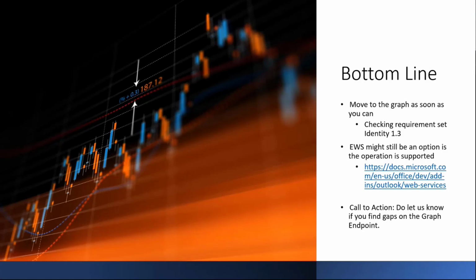For that, obviously, you need to be checking if we have the requirement set Identity 1.3. The easiest way to implement a call to the Graph is to use SSO. Fortunately, that was shipped, I think, just a couple of years ago with the Identity 1.3 API. So if, in the context of activation of your add-in, Identity 1.3 is available, it means that single sign-on is available in that environment.